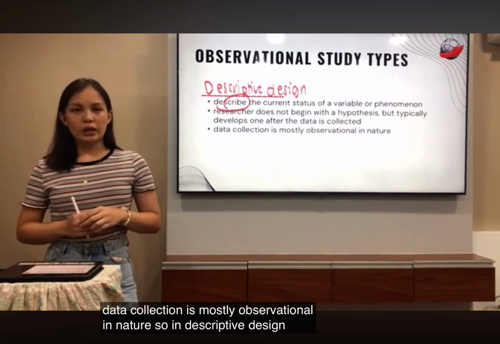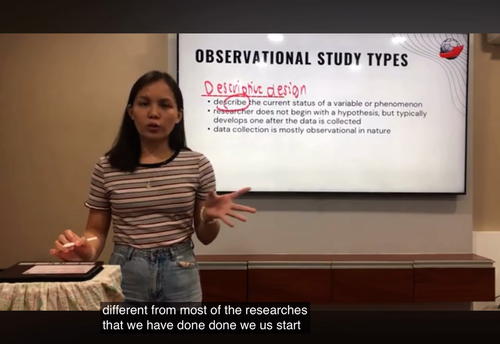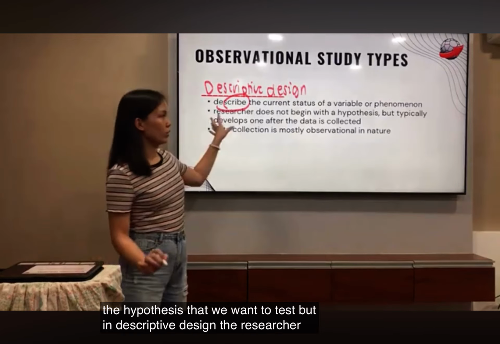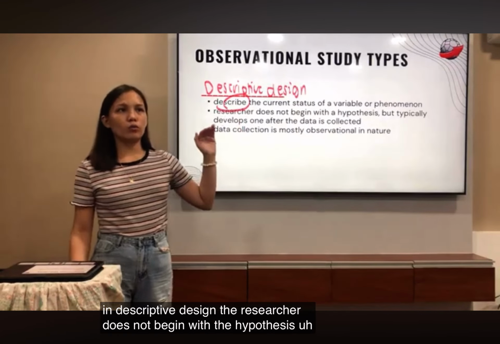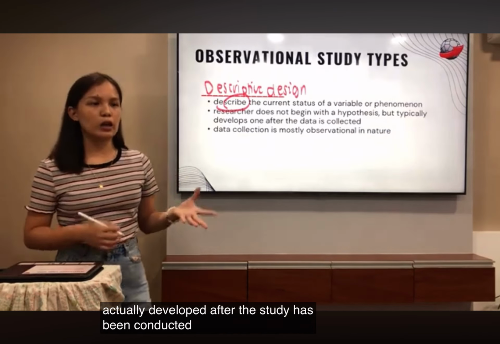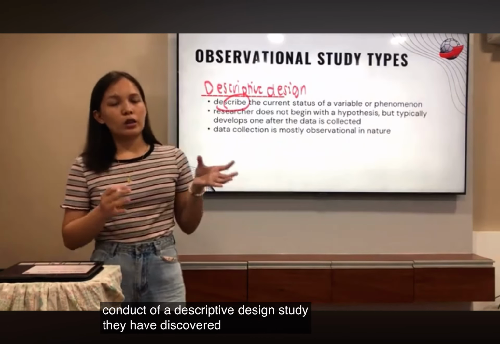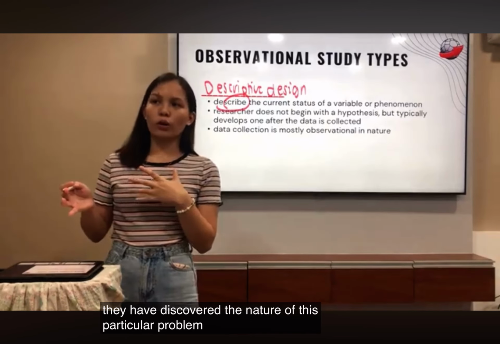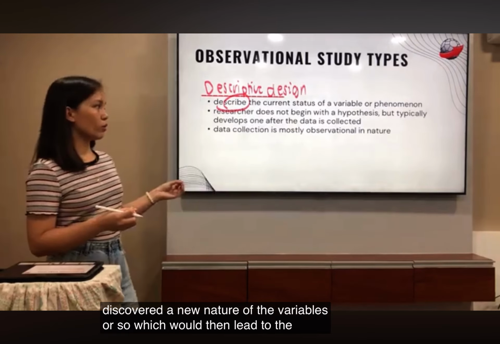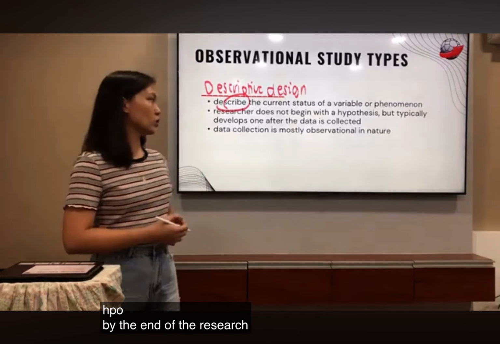So descriptive design is different from most of the research that we have done. Diba, we usually start with a hypothesis that we want to test, but in descriptive design, the researcher does not begin with a hypothesis. Most of the cases, hypotheses are actually developed after the study has been conducted, because during the conduct of a descriptive design study, they have discovered the nature of this particular problem, or they have discovered a new nature of the variables, which would then lead to the formation of a likely hypothesis by the end of the research study.